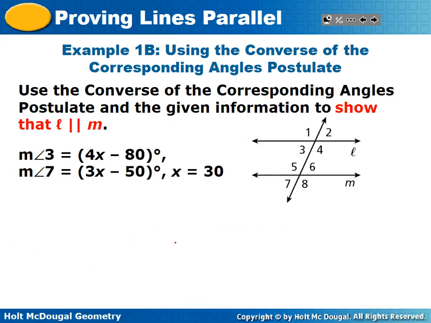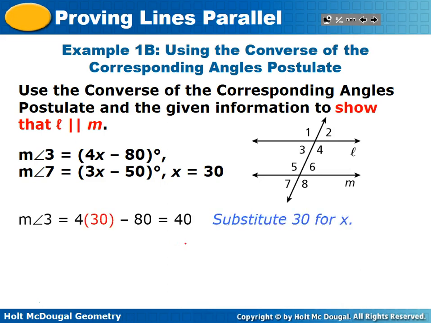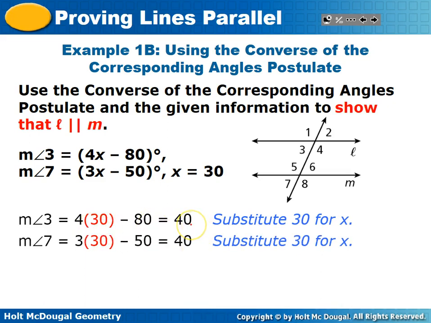This one right here, what I want you to do first is plug in 30 for x and solve for the angles, because this is asking us to prove again that line L is parallel to M. So when you do that, you should get 120 minus 80, which is 40, for the first angle, and 3 times 30 minus 50, and that equals 40.